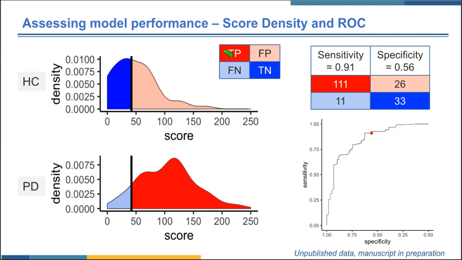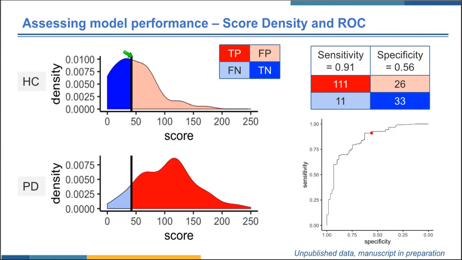So the bright red is for true positive, and the bright blue is for true negative, and the salmon pink color is for false positive. It means you're healthy, but the model thinks you have PD, and the light blue is for false negative, as reflected in the figure here.